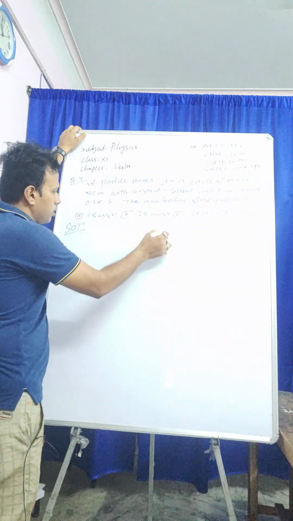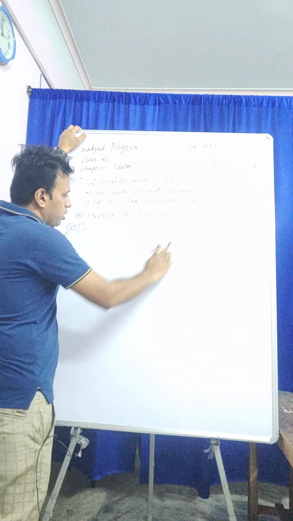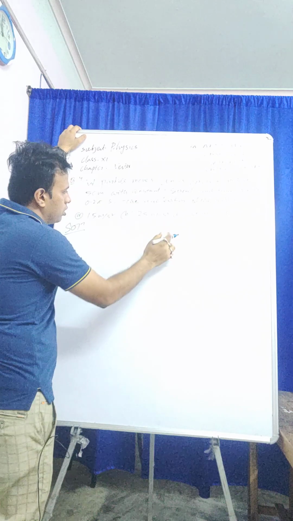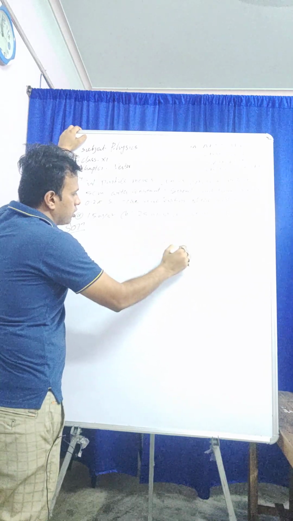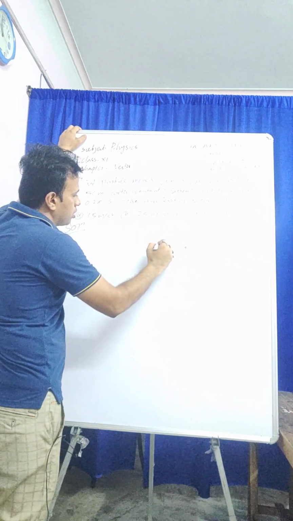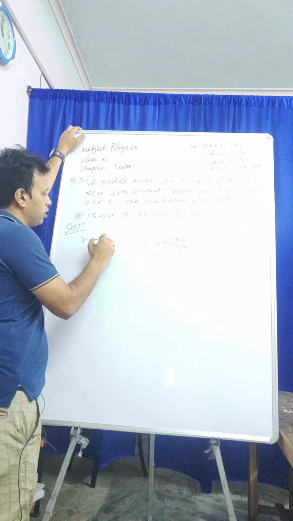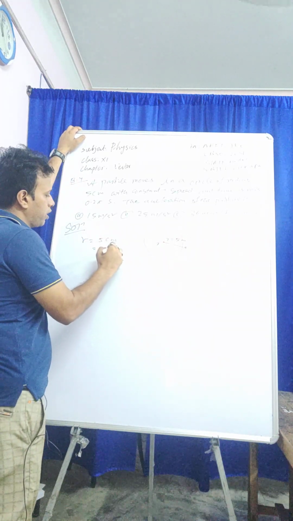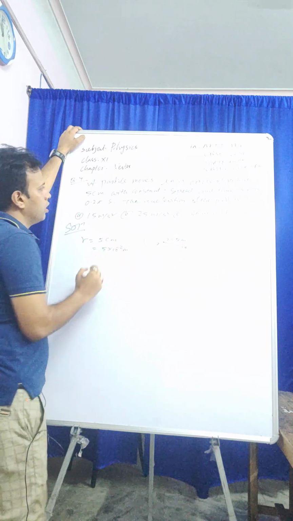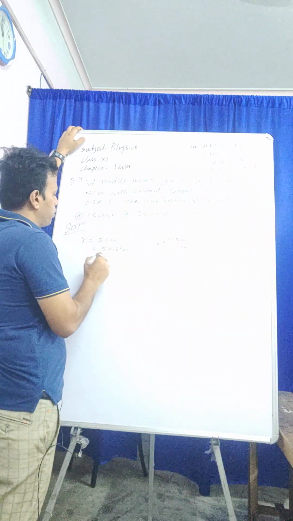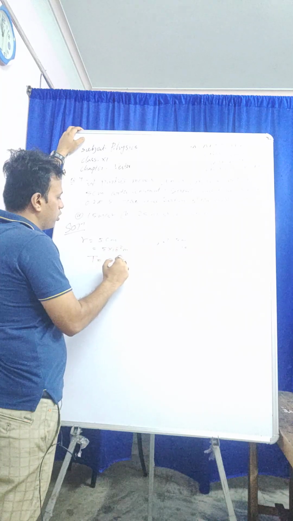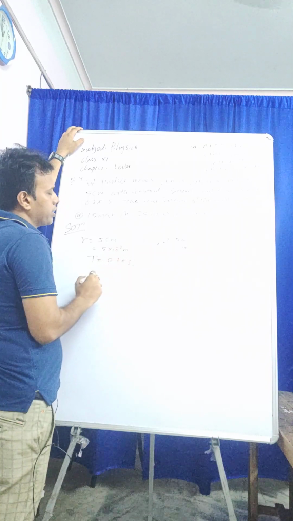The radius is 5 centimeters, so r is 5 into 10 to the power minus 2 meter, with constant speed and time period 0.2 pi second. The acceleration we have to find out.